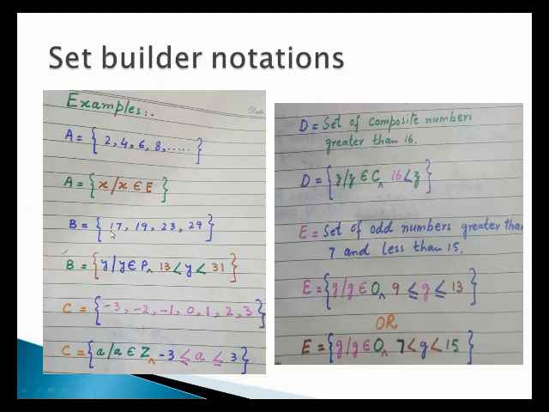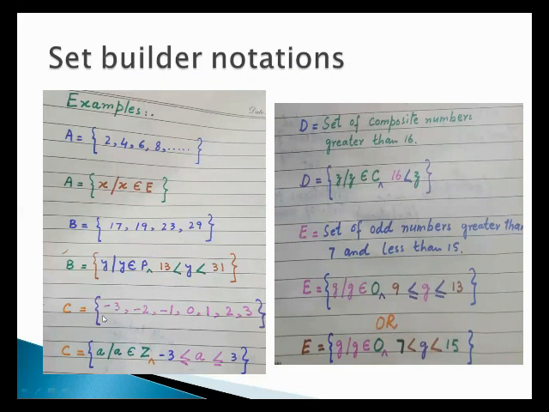By reading this we observe that before 17, 13 will be the prime number, and after 29, 31 will be the next number. So that's why we can write this set in the form 13 less than y and y less than 31. Now set C. Set C has -3, -2, -1, 0, 1, 2 and 3.